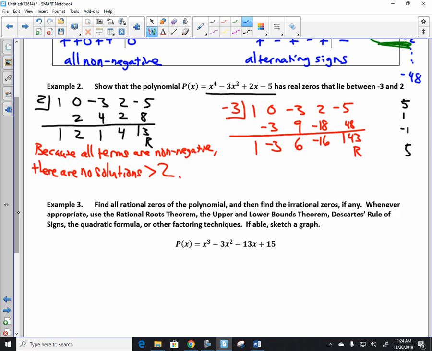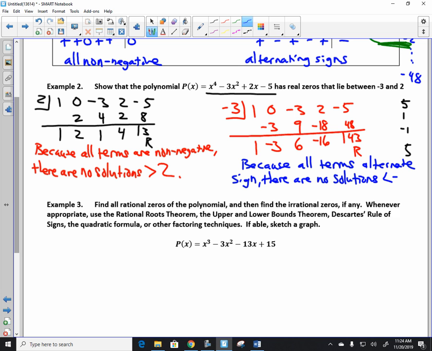Because all terms alternate sign, there are no solutions less than negative 3.